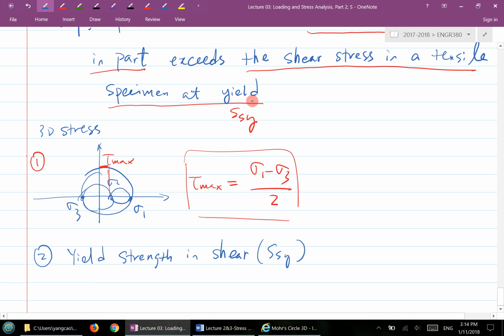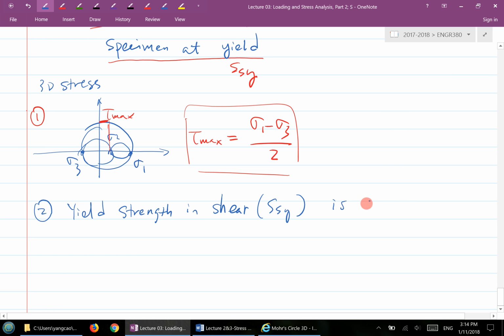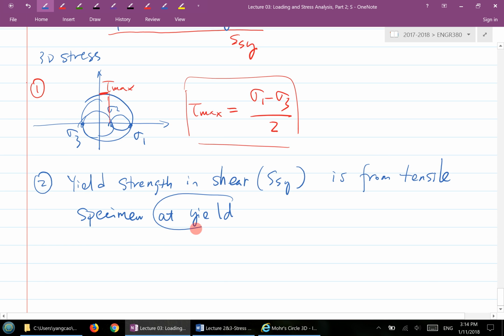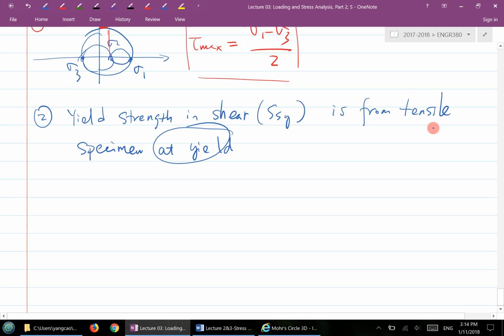So that's where this is from. That's the condition here. We use basically every word given in this description, and the key is at yield, right? At yield. You did tensile experiments in 259.